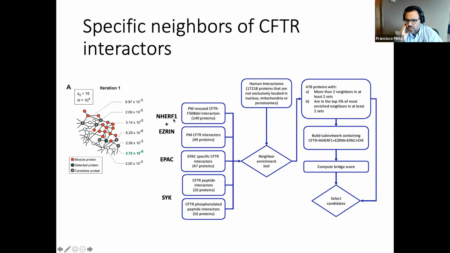They identified CFTR interactors when they stimulated the activation of esrin and, through NERF, the stabilization of CFTR at the plasma membrane, and they performed this experiment both with the most common mutant of CFTR, the F508del mutation, and with the wild type CFTR.